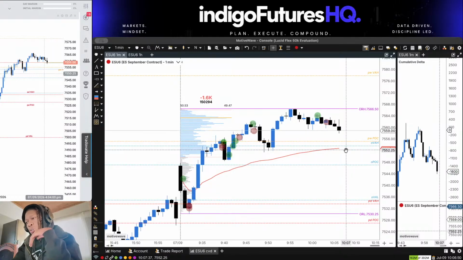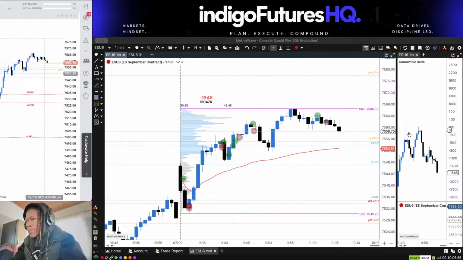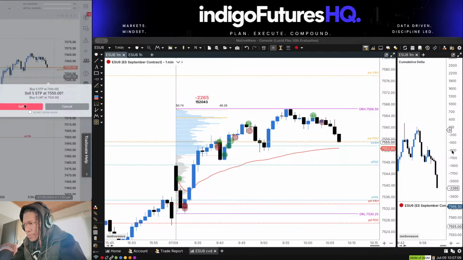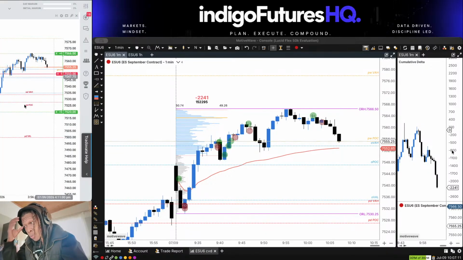I want to short below the VWAP, so we'll short from 550. I don't particularly like it, but 550, come on. So I'll put a sell stop there.